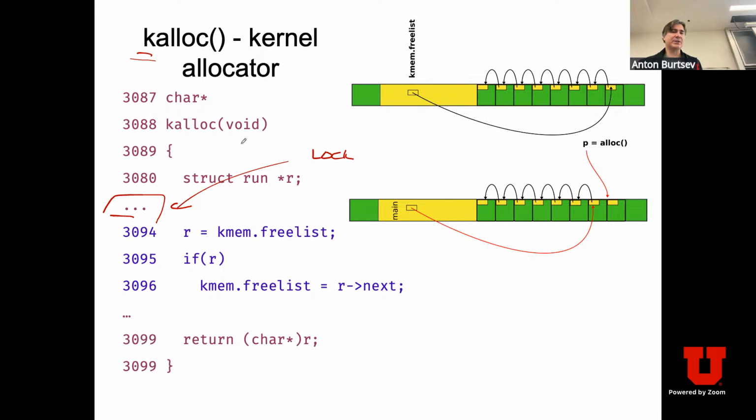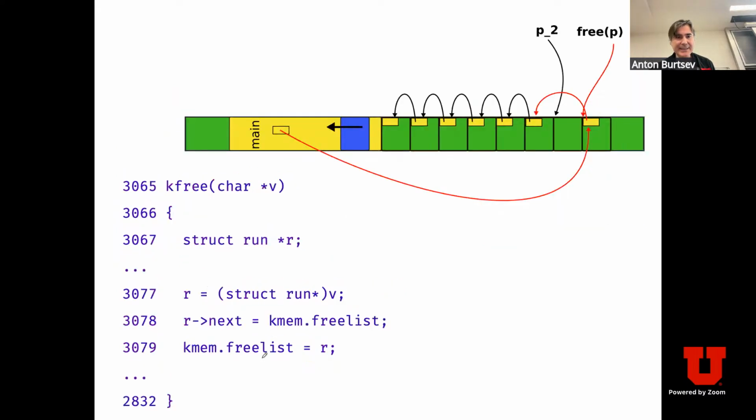But essentially the kalloc function takes this free list and remembers it in a temporary variable. If it's not null, it updates the free list, saying that the next available element points to r->next, and returns r. Very simple, right? You can write it, not hard. That's nice. And similarly kfree. That's real source code from xv6. You can take a look.